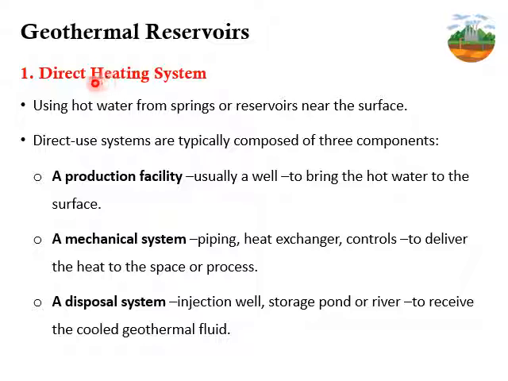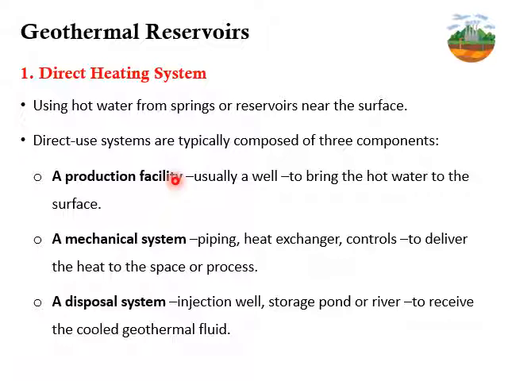So here are some points for the direct heating system. It uses hot water from springs or reservoirs near the surface. Direct use systems are typically composed of three components: a production facility, usually a well to bring the hot water to the surface. Production facility means that there will be some pumping facility that pumps the water from the hot reservoir.